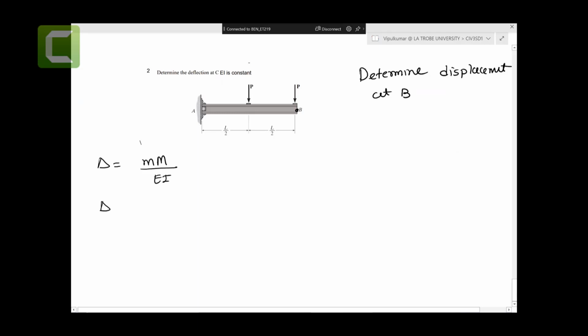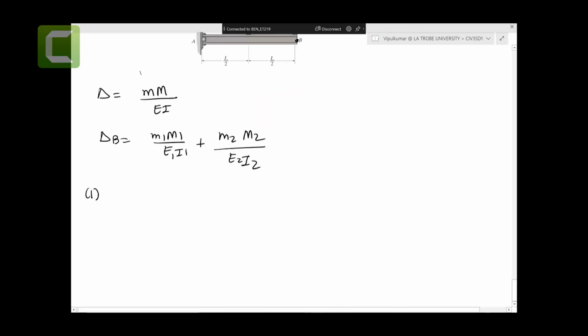So in that case, it is small m1 capital M1 over E1 I1 plus small m2 capital M2 over E2 I2, because there are two segments that we are working on. So we have two different segment values. Now let's do the real system first, because this is real, this is virtual. As you know, the small letters that we use for virtual, big letters we use for real.